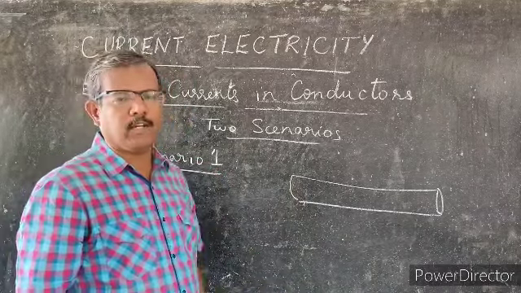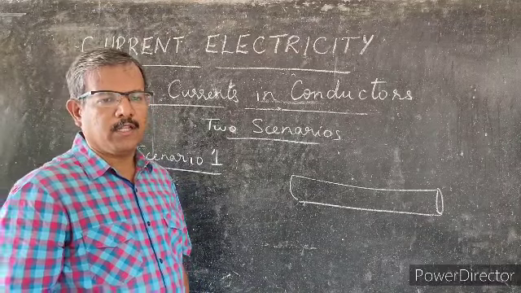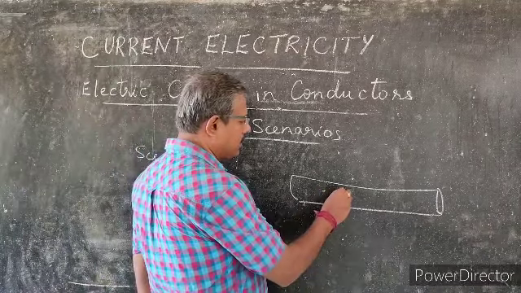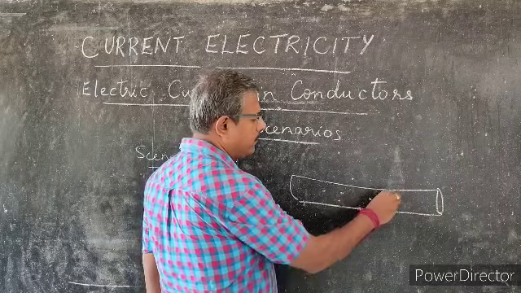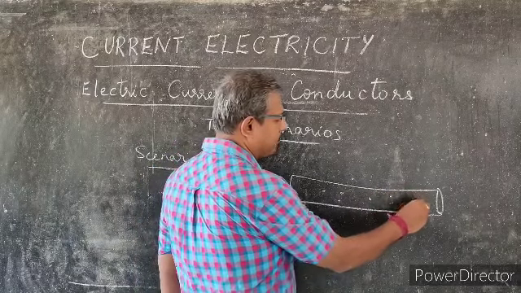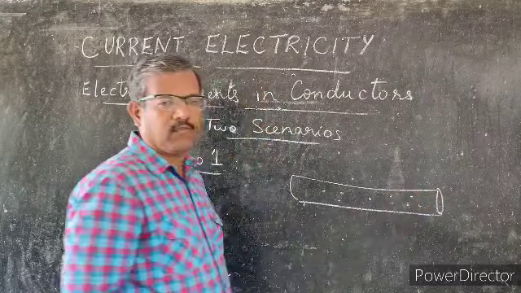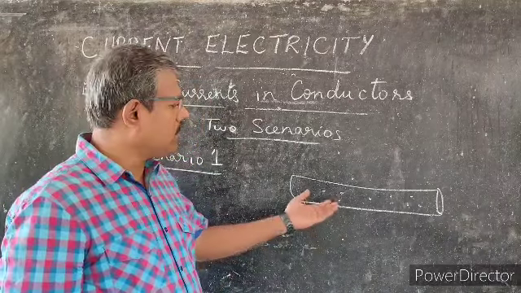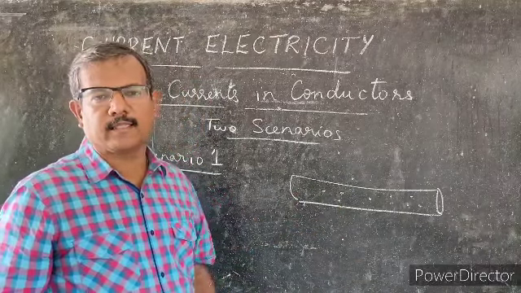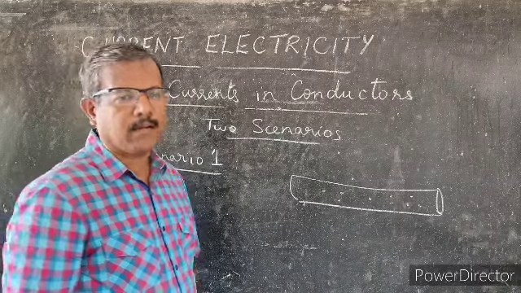So what's happening at a microscopic level? You have electrons within this metal piece. You can imagine it to be a piece of iron. The electrons inside this iron piece are moving.